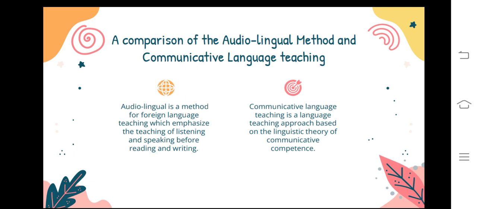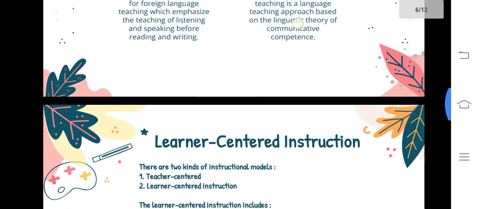The first point is that audiolingual is a method for foreign language teaching which emphasizes the teaching of listening and speaking before reading and writing, while communicative language teaching is a language teaching approach based on the linguistic theory of communicative competence. So both are different but have the same important position at the approach level in the teaching and learning process.